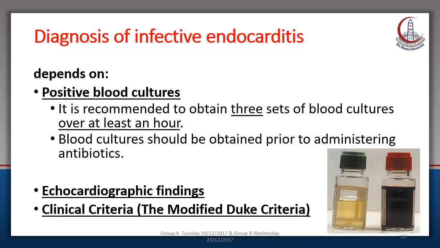Subacute infective endocarditis. Subacute infective endocarditis is more common and symptoms develop over a longer period. The time course of illness is weeks to months, which is longer than acute infective endocarditis.